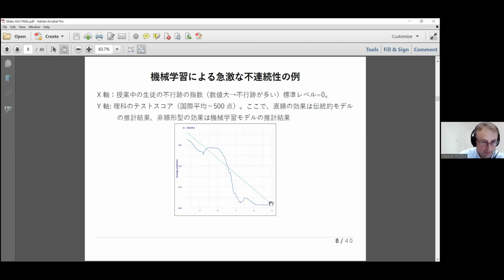But once the discipline is not good, beyond some level, beyond 1, the effect on academic performance is no longer evident. So at the extreme, the effect basically disappears. But once we move slightly away from the center, there are relatively sharp nonlinearities.